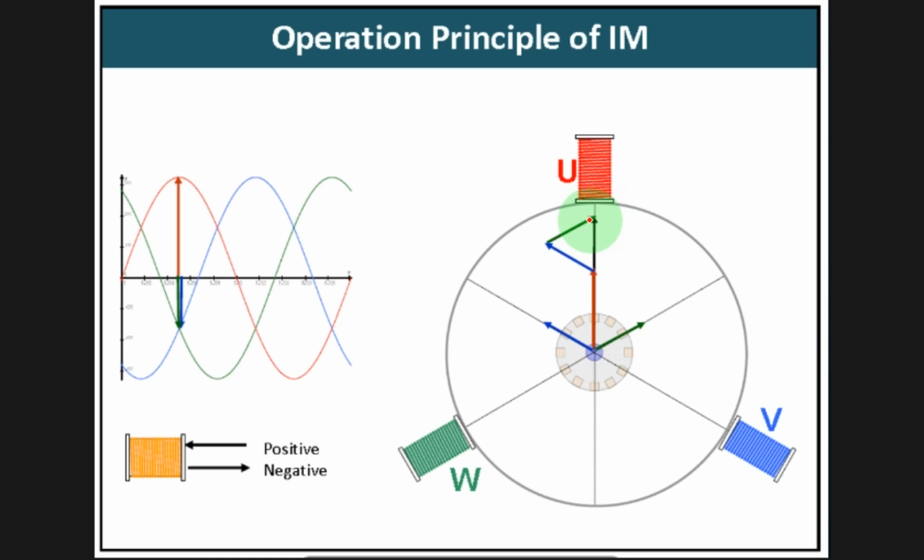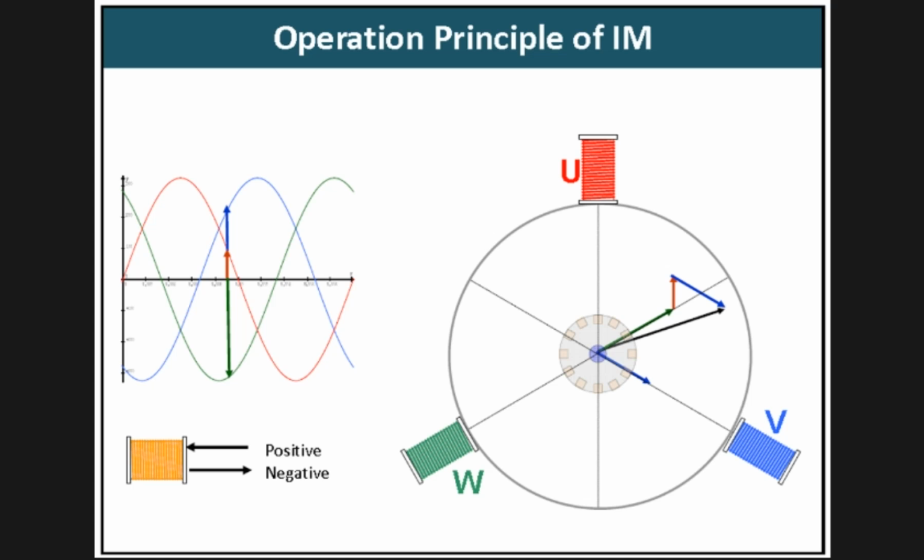So like that you will see the resultant magnetic field is rotating in this direction when you supply these three coils with a three-phase balanced supply. And let's take one more instance, where the blue one is positive now, red is still positive, and green is still negative.